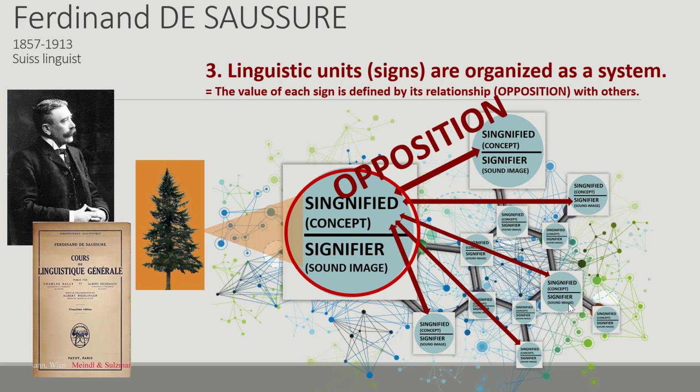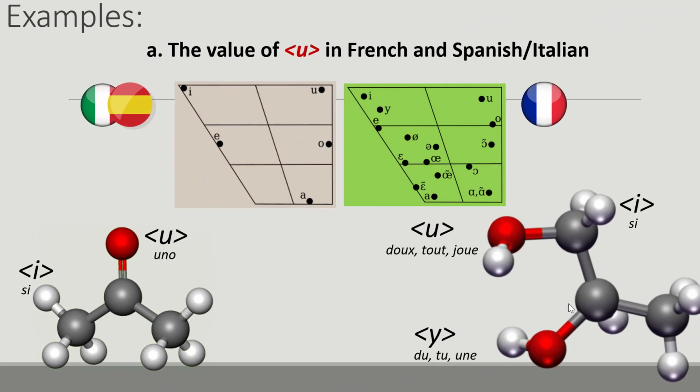Let's see some examples illustrating how the language system works. In the Spanish and Italian languages, there is a phoneme u, like in uno. In French, there is also a similar phoneme u, like in tu, du, joue. Its speech realization is almost the same, but its value differs.